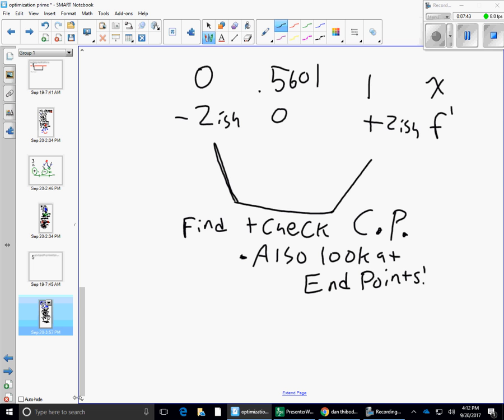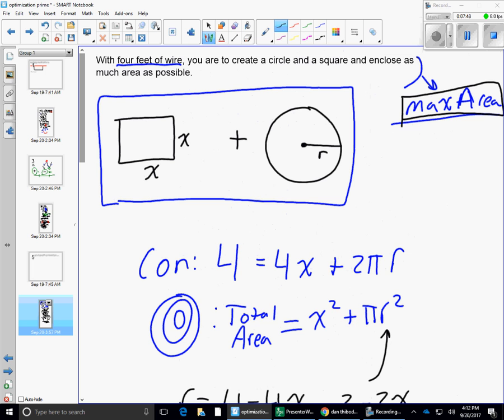So let's think about our endpoints. Well, our endpoints, so to speak, on this problem are going to be either when the circle has all the wire or when the square has all the wire. So if the circle has all the wire, then the square is equal to 0. Or if the square has all the wire, then the circle is equal to 0.